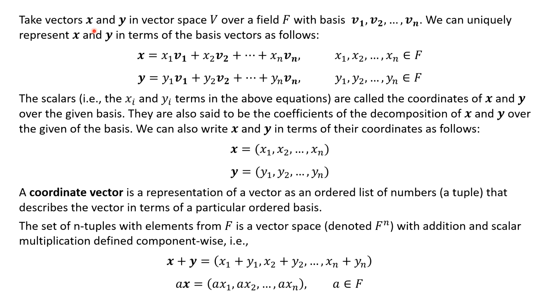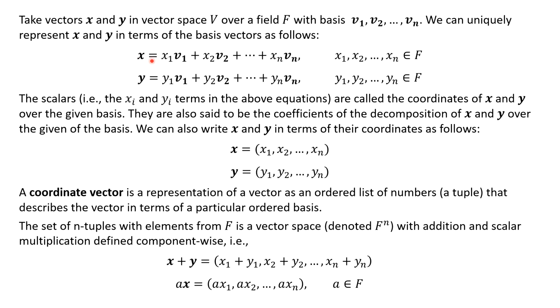If we take two vectors, x and y, from a vector space V over a field F, we can write them uniquely in terms of the basis, which I'm showing here, v1, v2 to vn. That's actually a theorem, but it's pretty easy to see why it is the case.